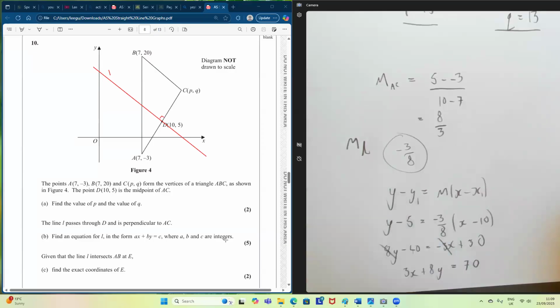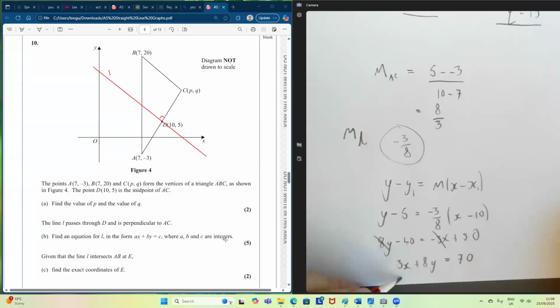Notice that in the question it's asking for the form ax + by = c. I was hesitant there because I was thinking about which side to get it on, but we've got to get it in this format. So that's our answer there. There it is, done for part b for 5 marks.